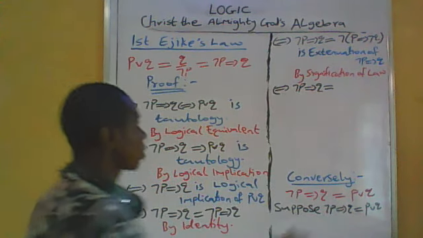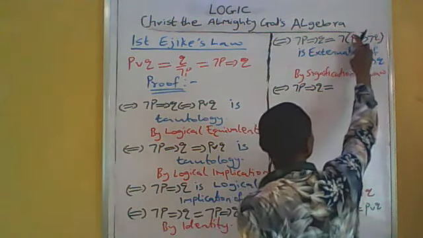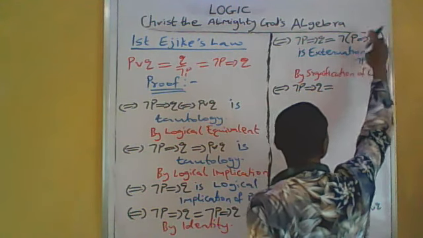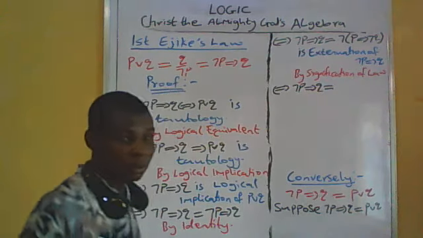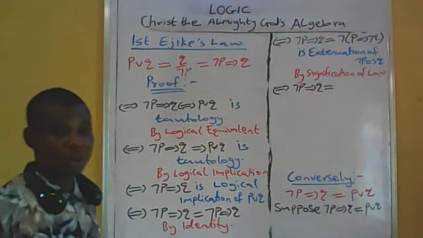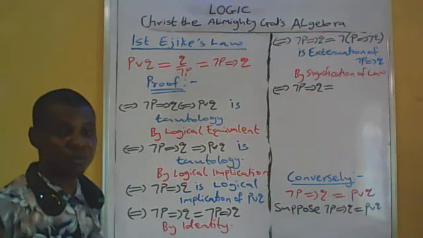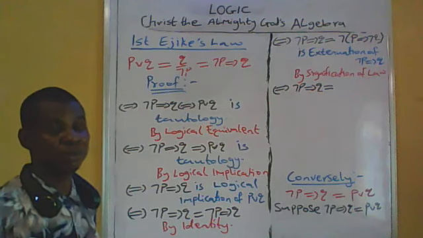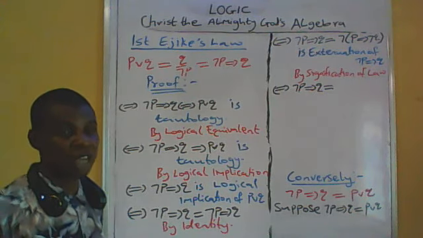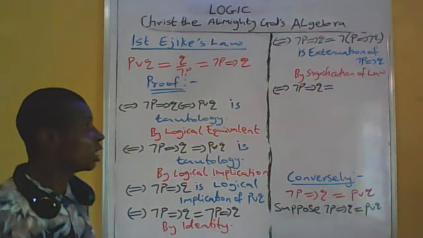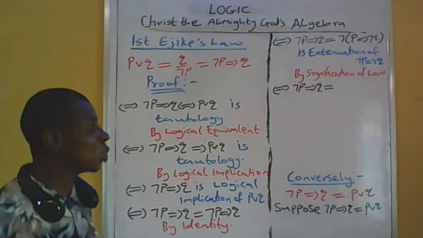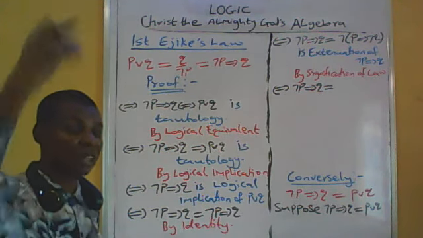Now, we are going to transform this not P implies not Q to conjunctive statement using Christ Almighty God's grace. That means P implies not Q is going to intensify now.